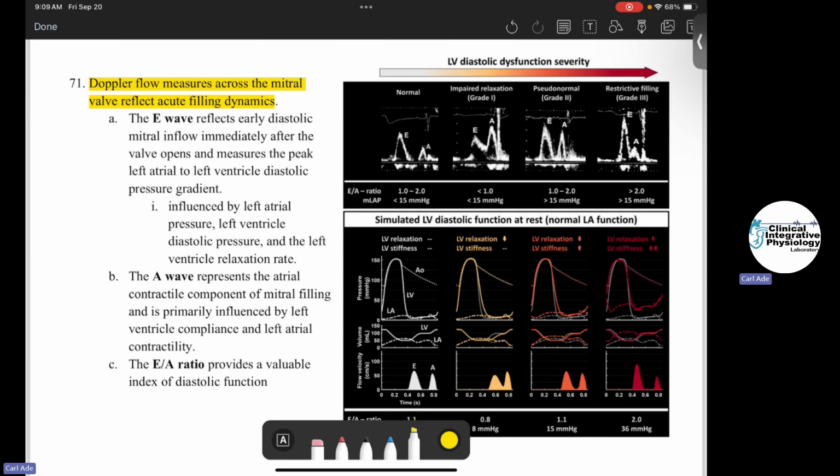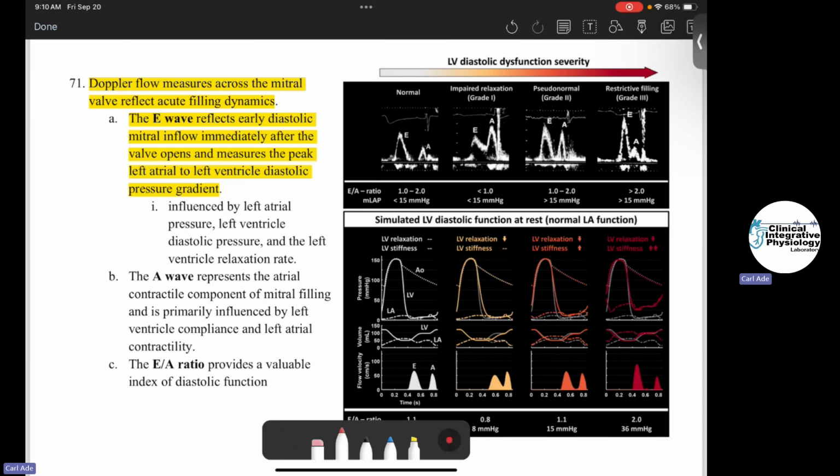There are actually two segments of blood moving from the atria into the ventricle. The first we identify is the E wave. This is the early filling. If you go back up to the Wiggers diagram, that's where the mitral valve opens and we get a big surge of blood going in.